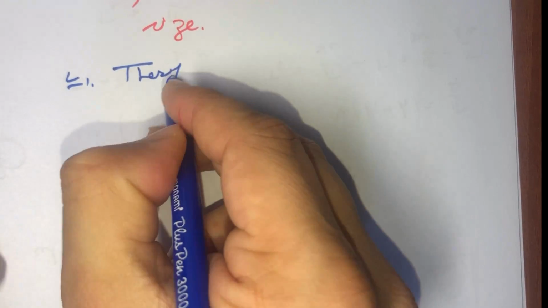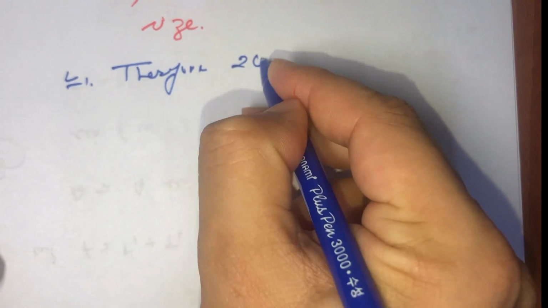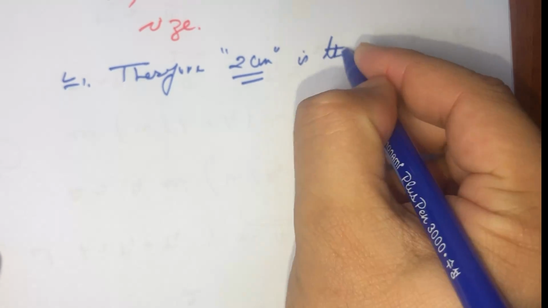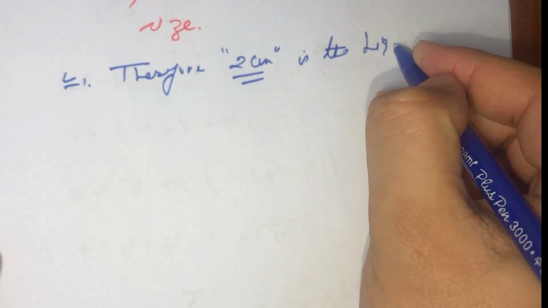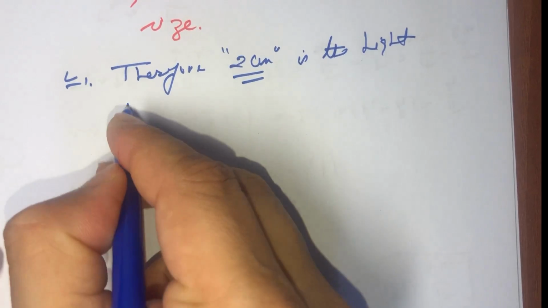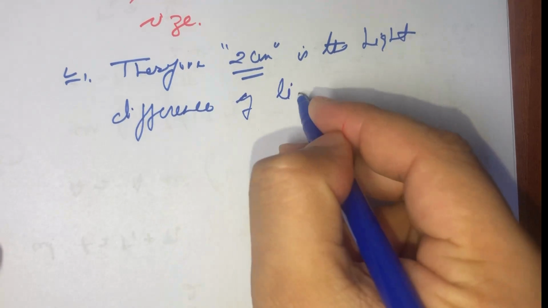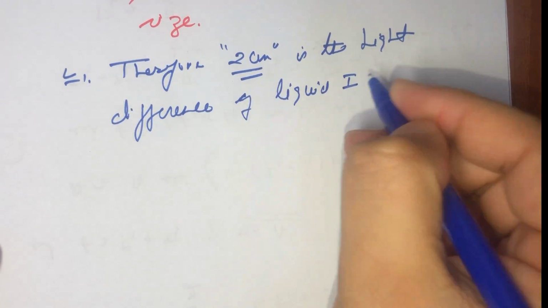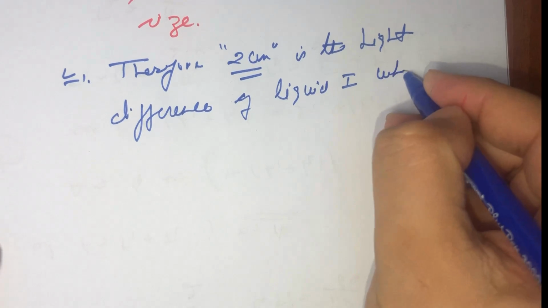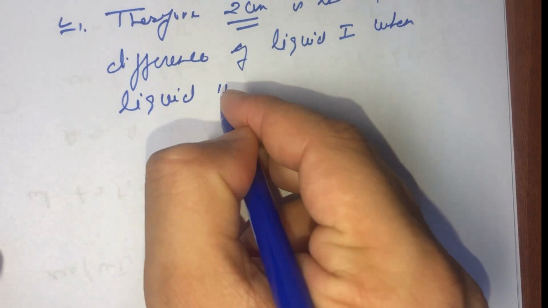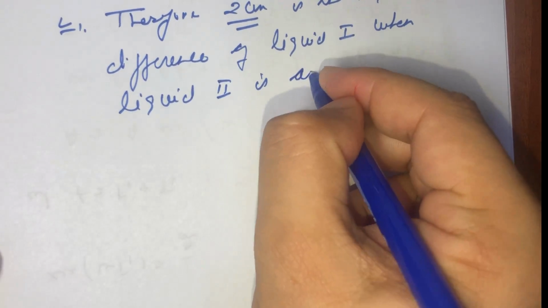Therefore we can say that 2 centimeter is the height difference of liquid 1 when liquid 2 is added.